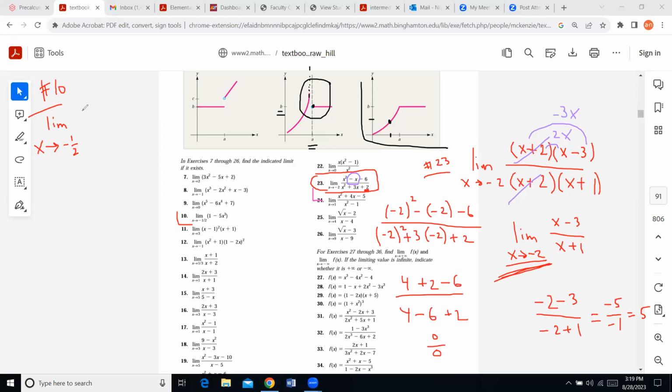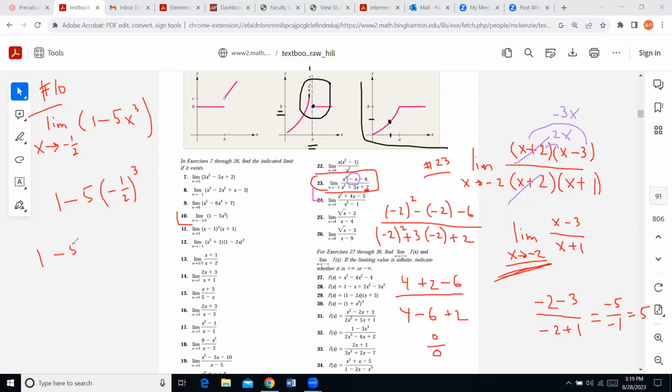So it's 1 minus 5x cubed. So I go ahead and replace my letter x with that -1/2. Just plug it in and then see what will come out.